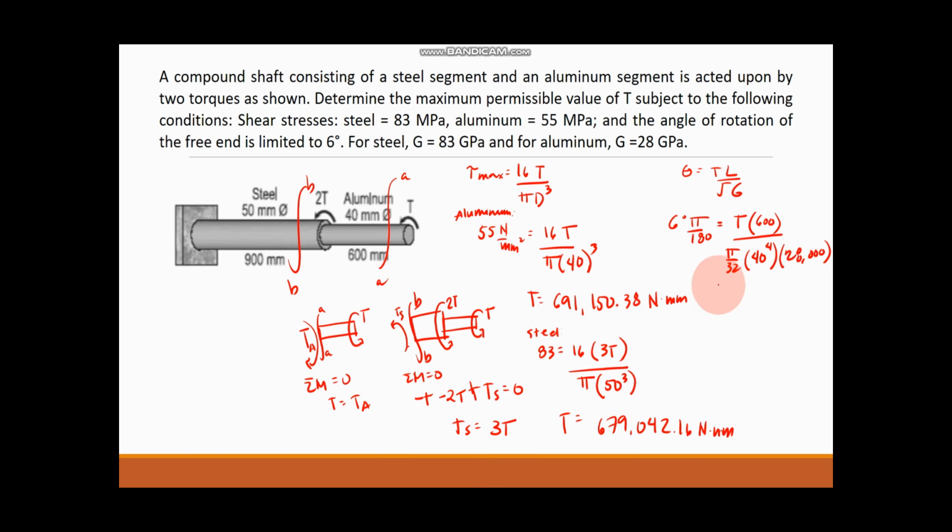Plus yung T natin for steel, which is 3T. Tama, 3T multiplied by 900 as the length all over pi over 32. Yung diameter niya is 50 raised to 4, and then shear modulus is 83,000.